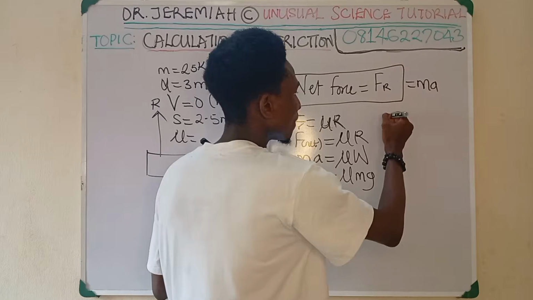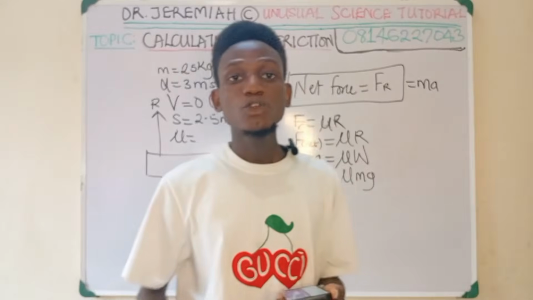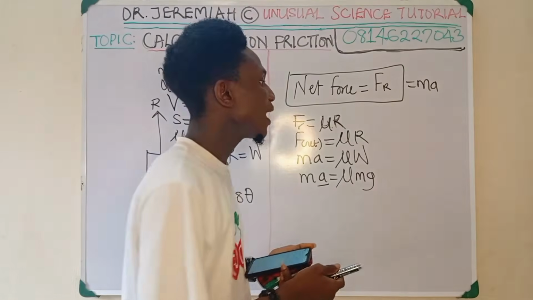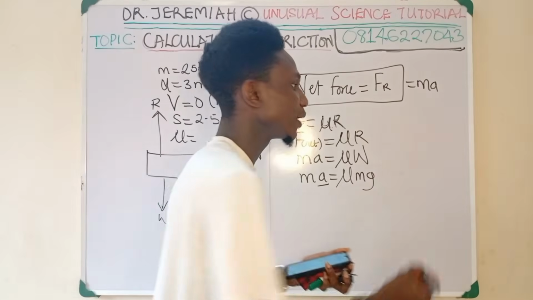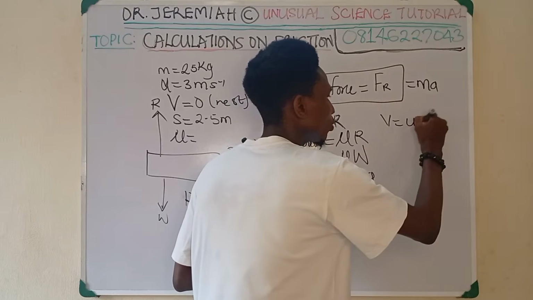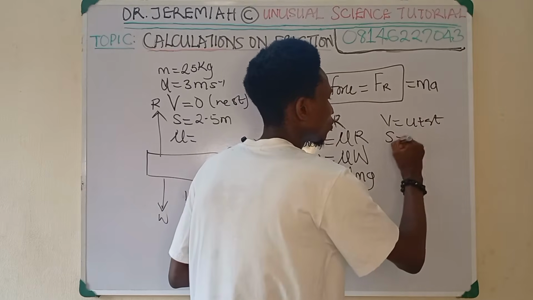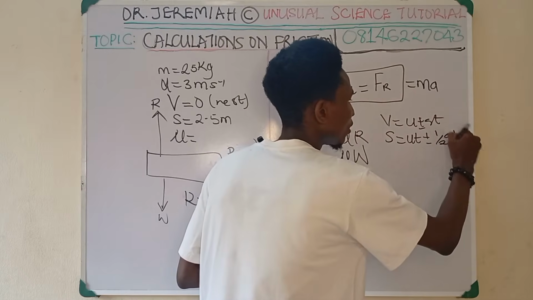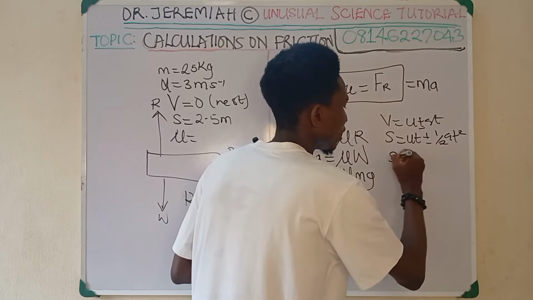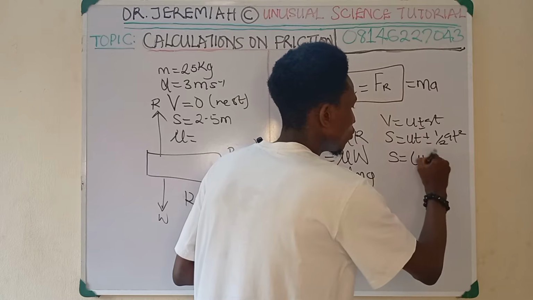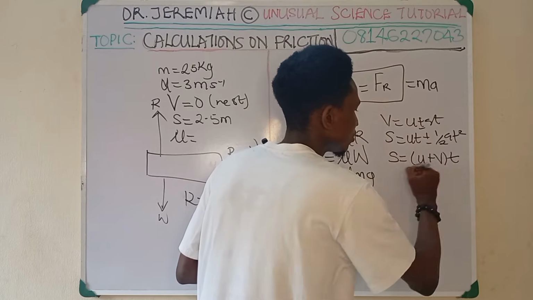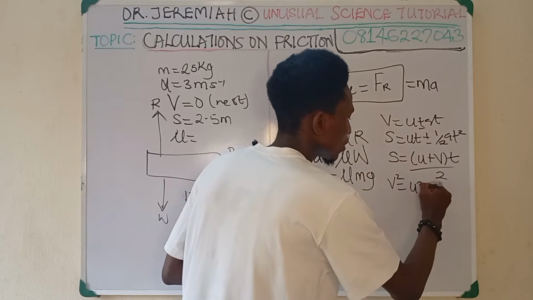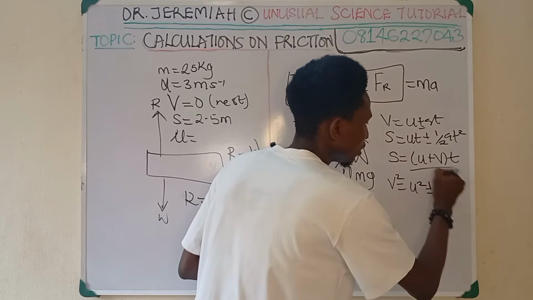Remember that to look for acceleration under friction, always use the equations of motion. So we have different equations of motion. You already know them. v equals u plus at, s equals ut plus or minus half at squared, s equals (u plus v)t over 2, then v squared equals u squared plus or minus 2as.